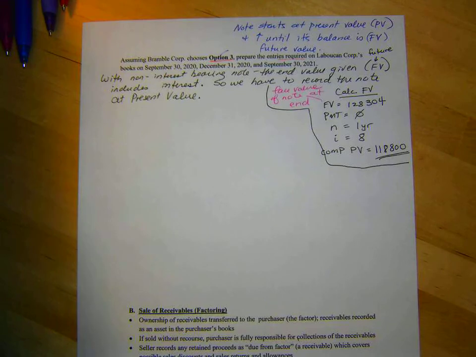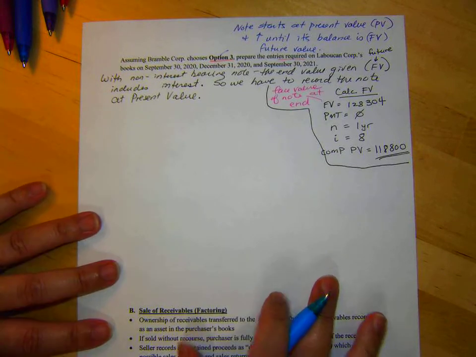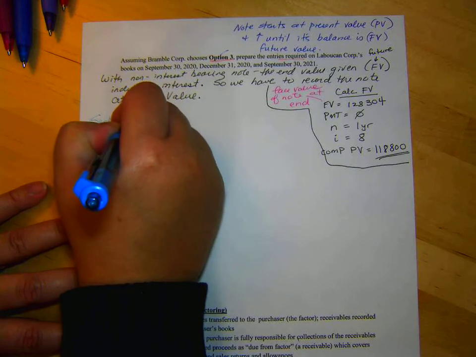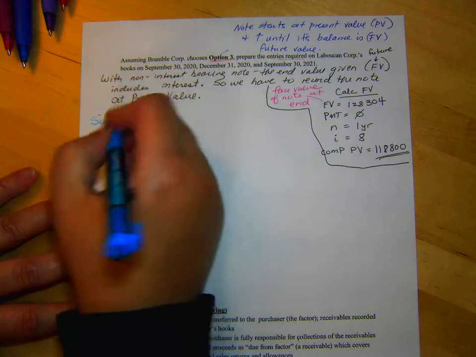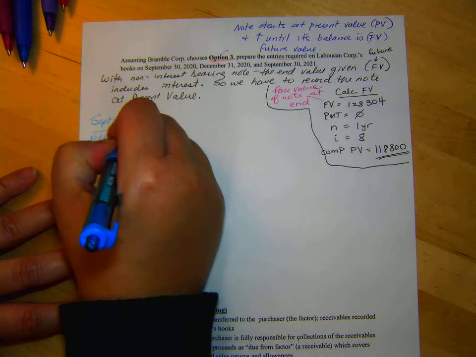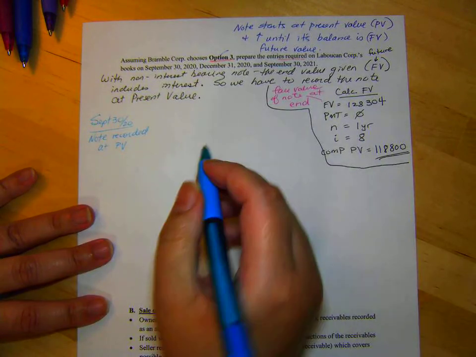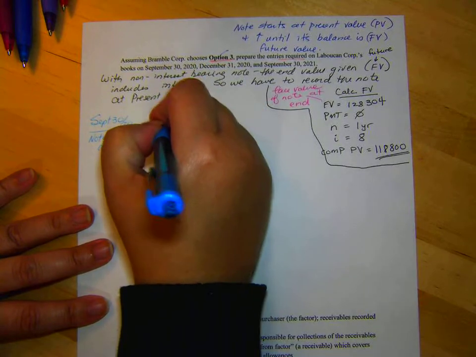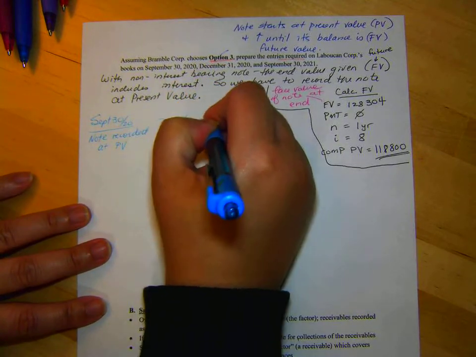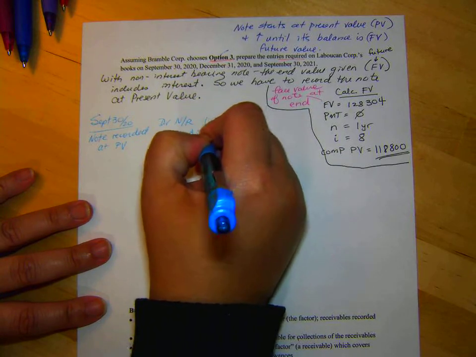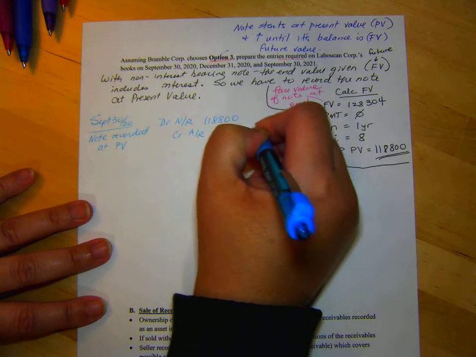So let's do the entries. So September 30th, 2020, we'll quote at present value. Calculate. So we debit note receivable for 118,800 and credit AR for 118,800.